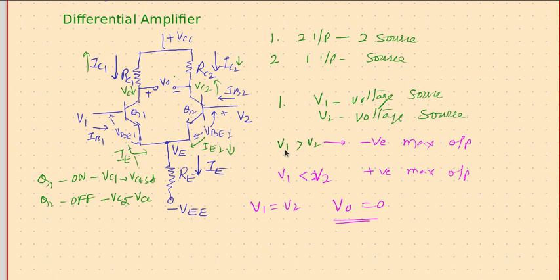So if V1 is more than V2, we get negative maximum output. If V1 is less than V2, then we get positive maximum output, and therefore in amplifier language, if you are connecting directly the voltage sources here, then depending on which is bigger, if negative is bigger, you get negative VCC.